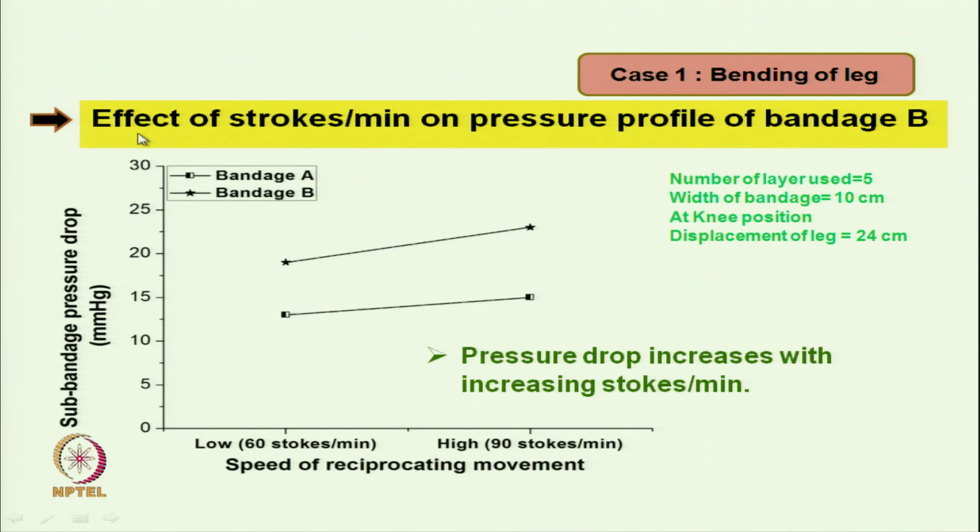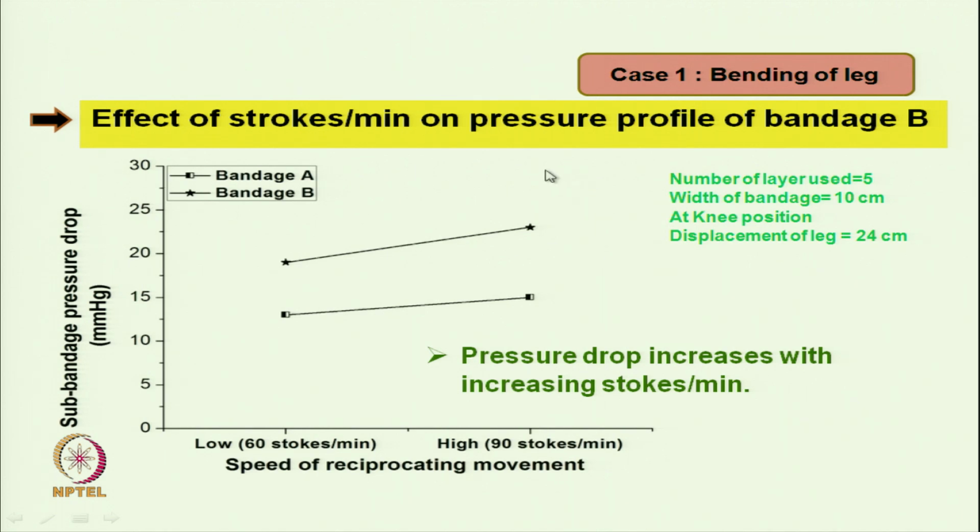Now, the effect of stroke per minute on pressure profiling of bandage B; here bandage B is taken with the long stretch, and this is for A. Now, if we look at the subbandage pressure, with a low stroke per minute the subbandage pressure drop is low.